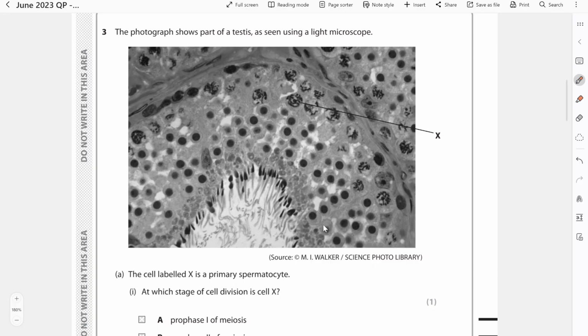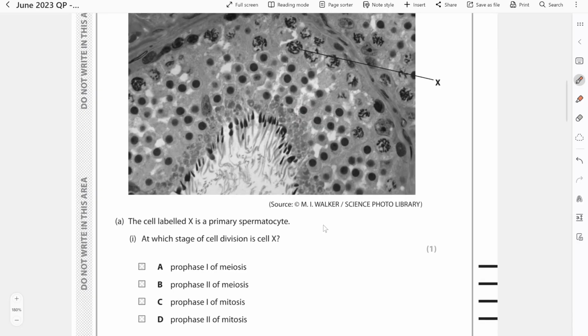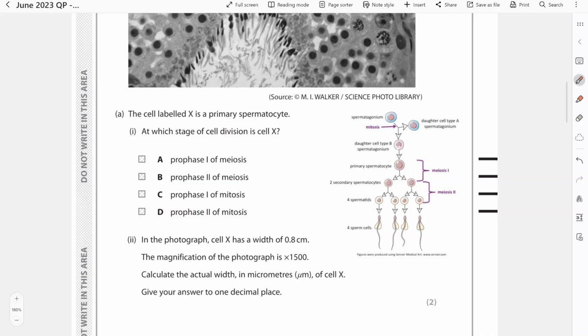The photograph shows part of a testes as seen using a light microscope. Part A, it says the cell labeled X is a primary spermatocyte. At which stage of cell division is cell X? All right, so I've included a diagram here to show you spermatogenesis.